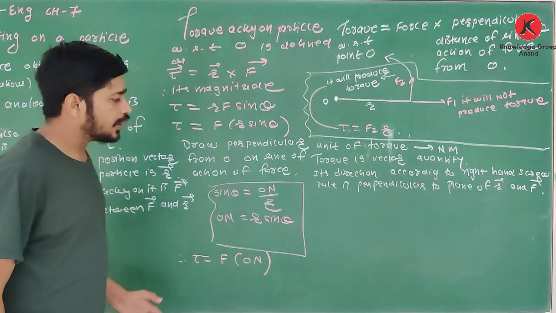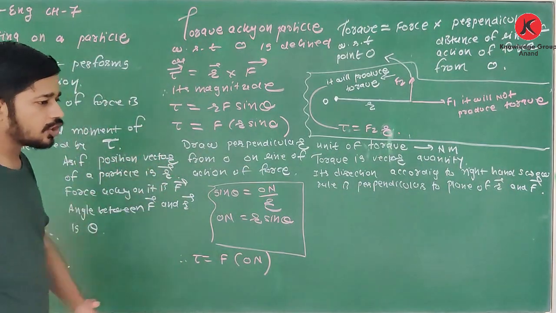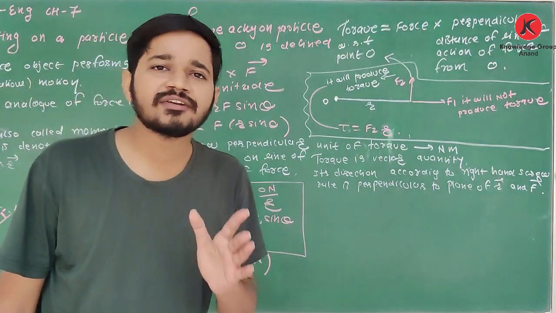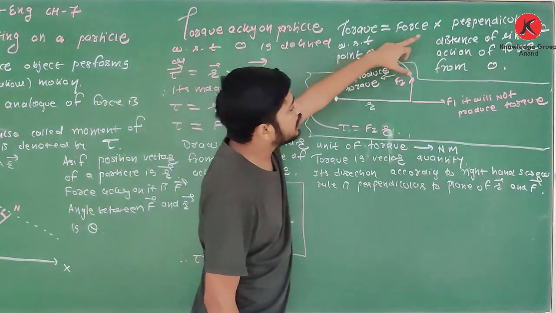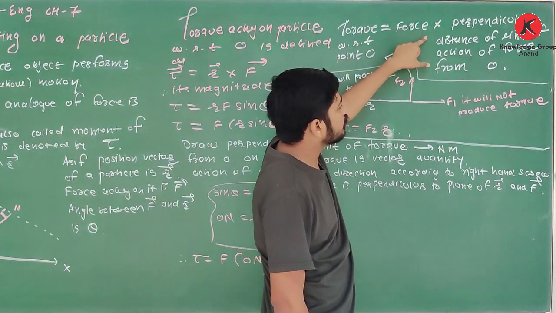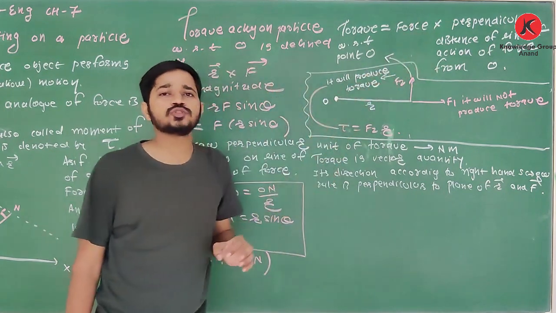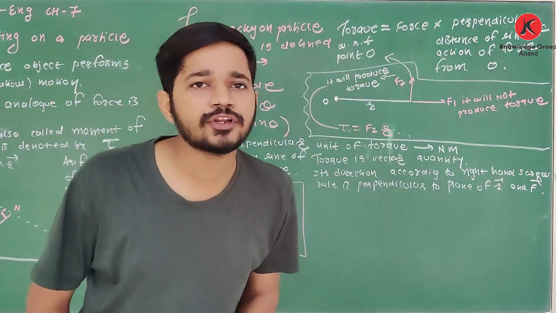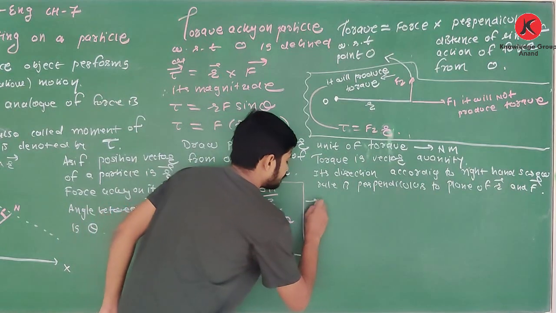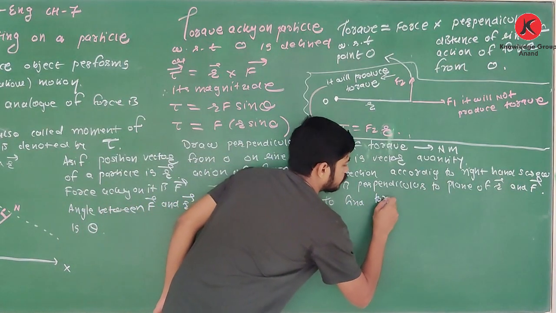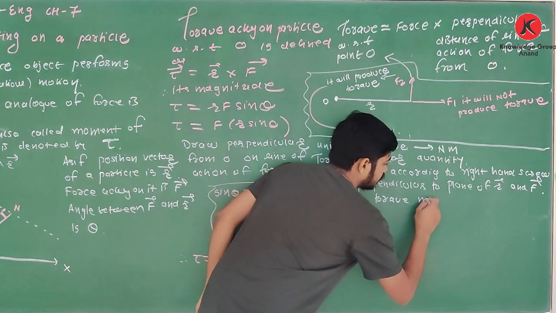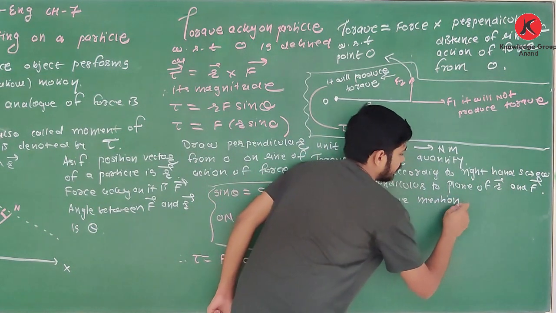Now, whenever you have to find torque, you have to mention the reference point. Here, torque with respect to point O, perpendicular distance of line of action of force from O. So yes, to find torque, mention the reference point.